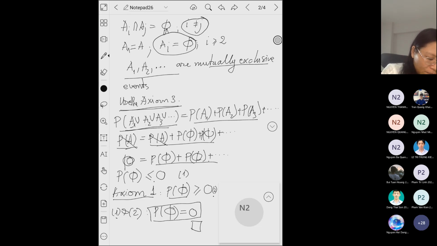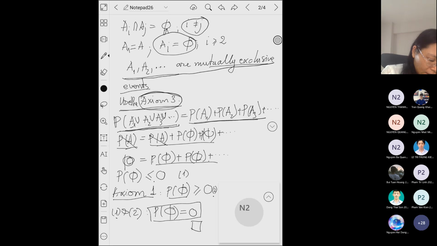So A1, A2, and so on are mutually exclusive events. Now we use axiom 3. We have the probability of the union of A1, A2, A3 up to infinity equals the probability of A1 plus A2 plus A3 plus so on.